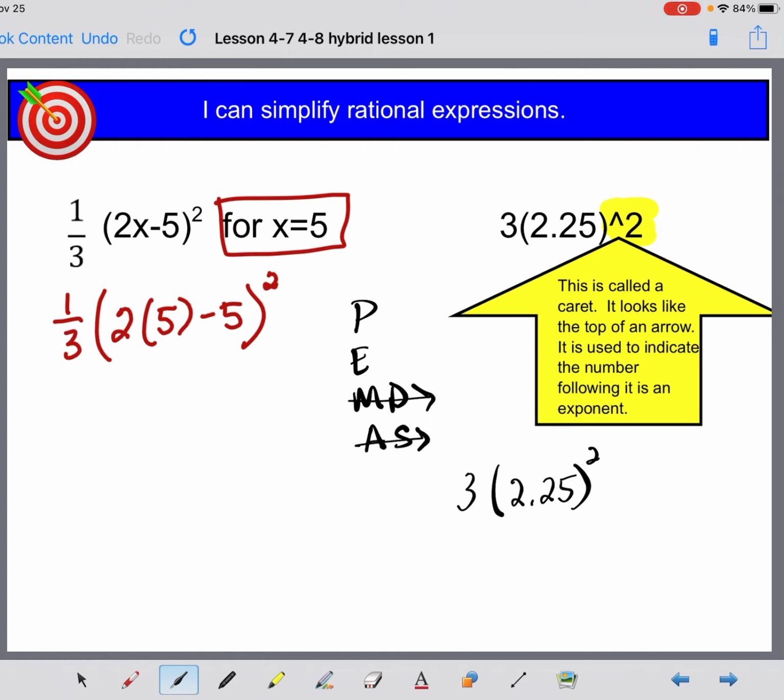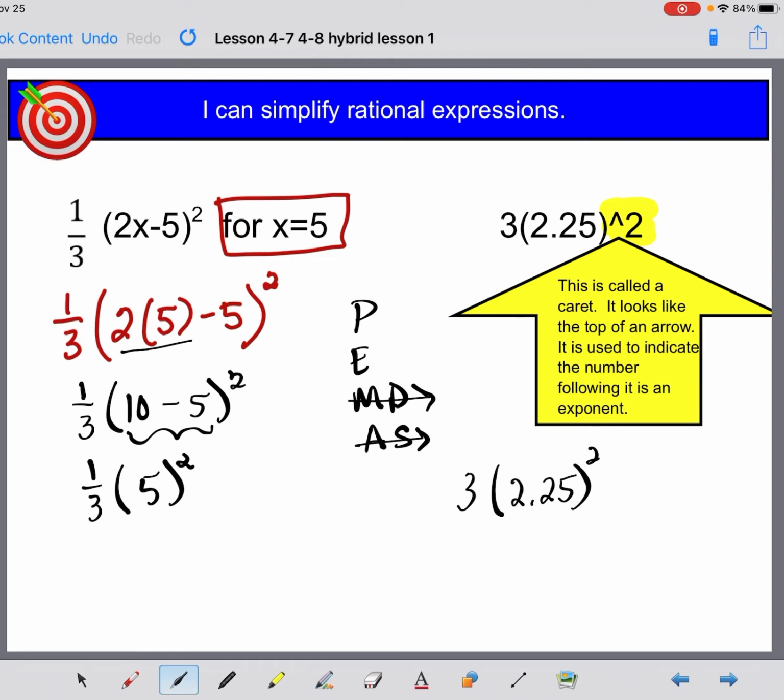Here we go. First, we're going to do our grouping symbol. Inside of our grouping symbol, I'm going to multiply first. And I get 10 minus 5. Now, it would almost seem like I should do exponents next, but I can't because my parentheses are still grouping 10 minus 5. 10 minus 5 is 5.